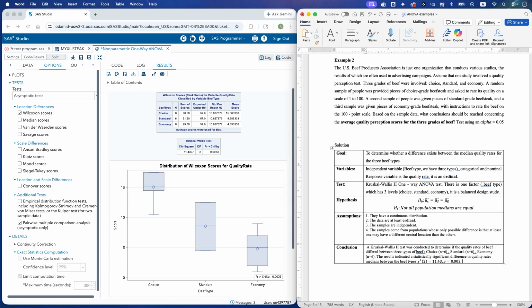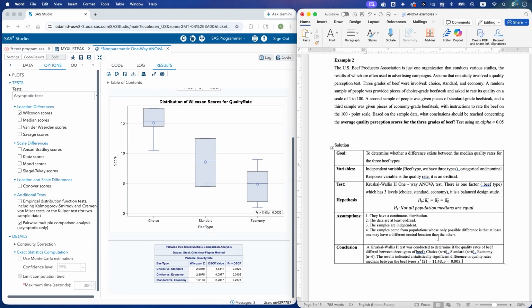After that, because we do have a difference, we did a post hoc test. A post hoc comparison test using what? What test have we used? This method is called DSCF, which is the name of the scholars.